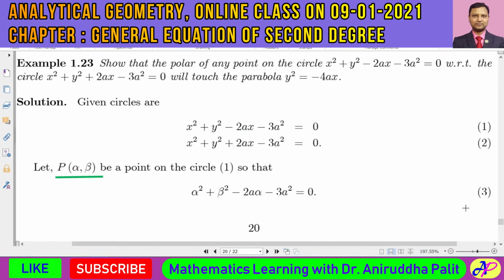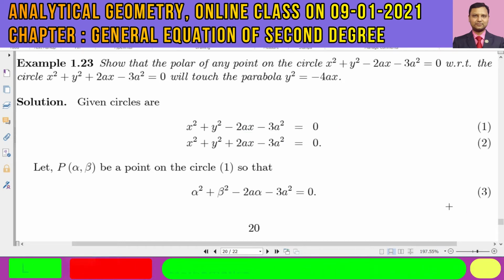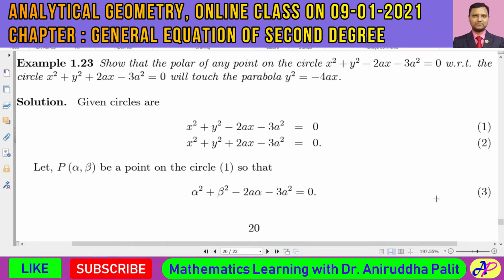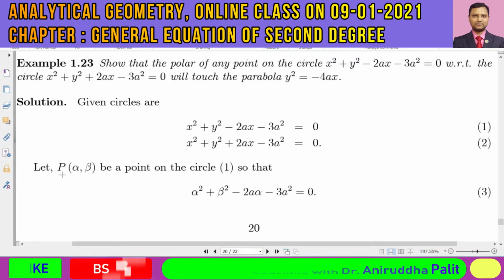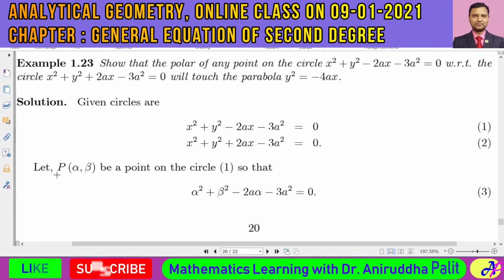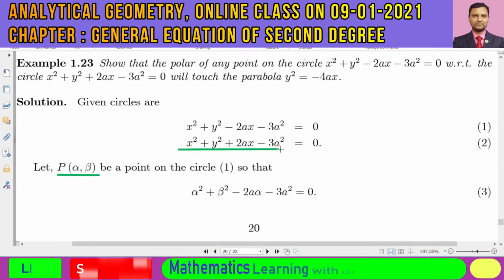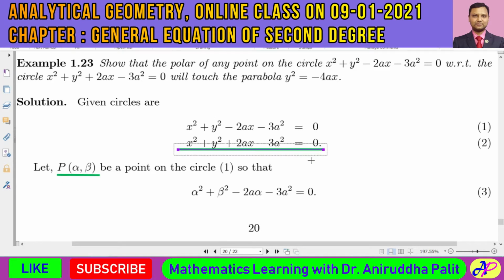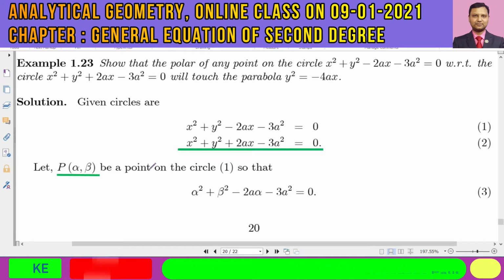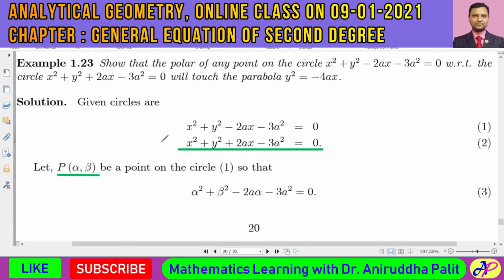Now, as per the question, we will have to show that the polar of this point P with respect to the second circle. Polar of this point P with respect to this second circle. So with respect to the second circle, that means we shall have to consider this curve as the curve S is equal to 0.